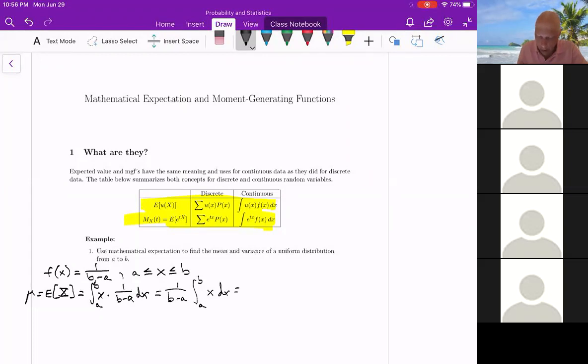And so x, when you integrate that, becomes x squared over 2. So we've got x squared over 2 times b minus a, that's all in the denominator, and this is being evaluated from a to b, which is b squared minus a squared over 2 times b minus a.